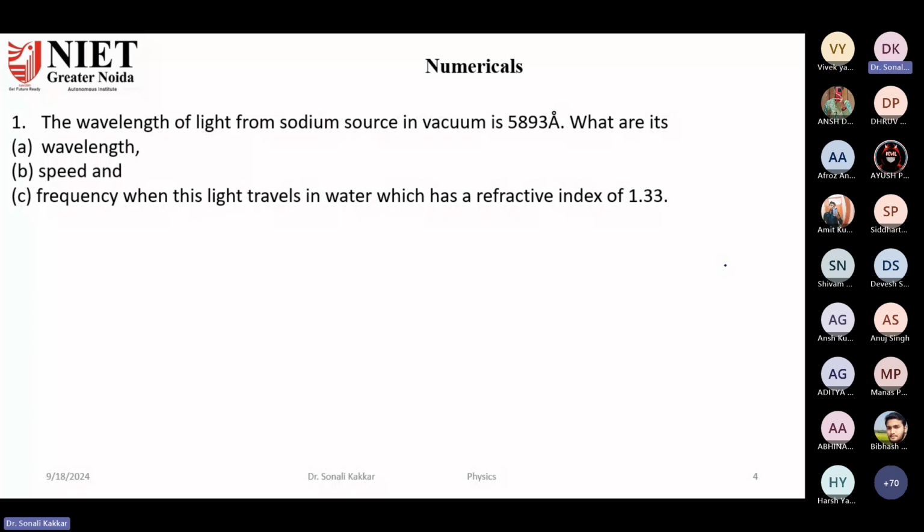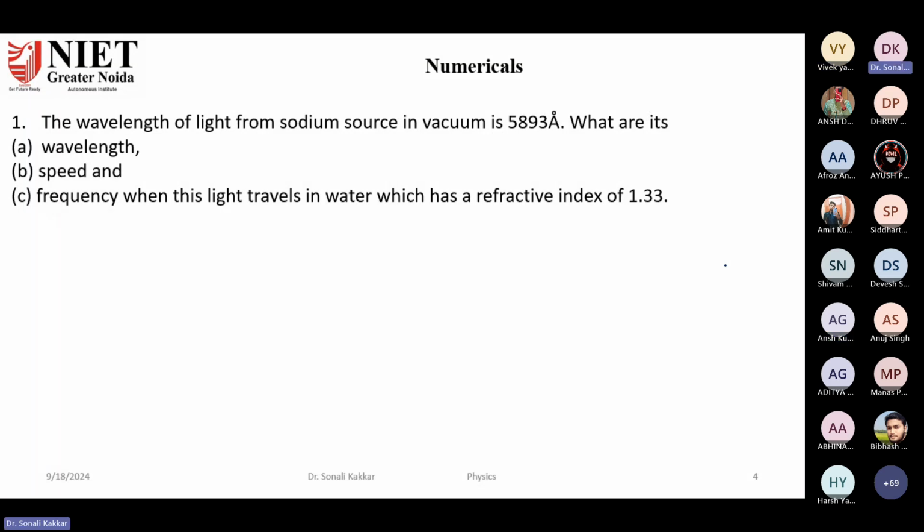Others? Solve quickly. Frequency 5.092 into 10^15 per second.